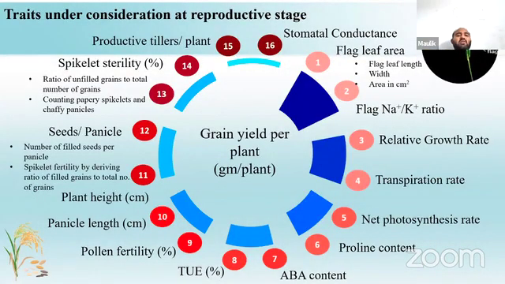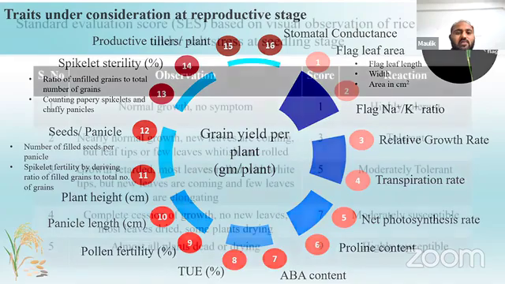These are the traits under consideration at the reproductive stage. When we examine our plant, we take all these traits, and after taking them we can examine which genotype is suitable for releasing as a salt tolerant variety.